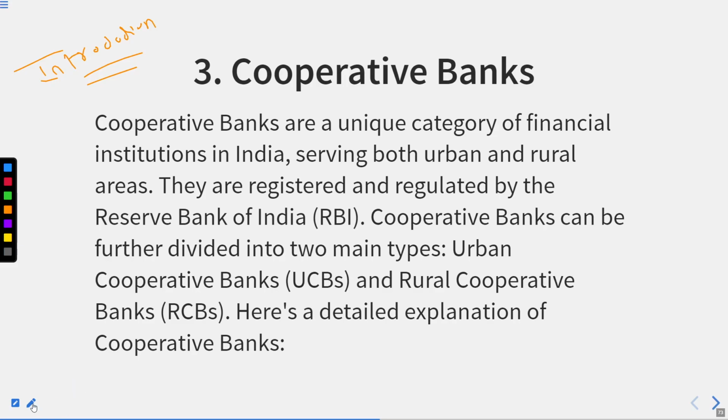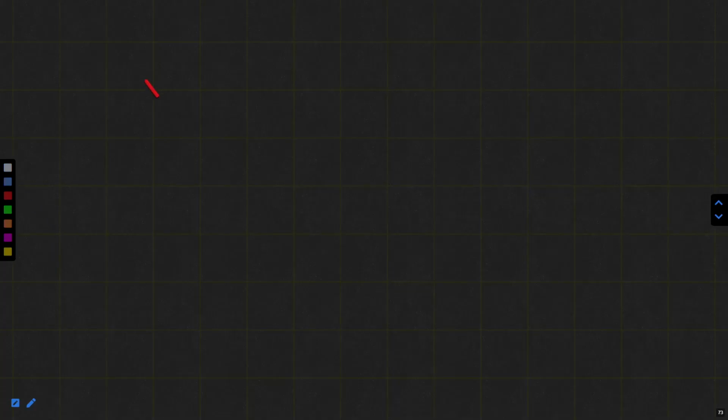Whatever discussion we have done so far about the commercial banks and the regional rural banks, what had we figured out? We had figured out that the commercial banks are mainly interested in the urban areas.